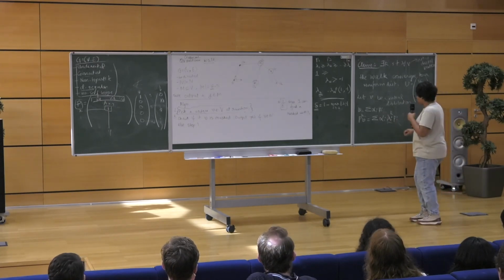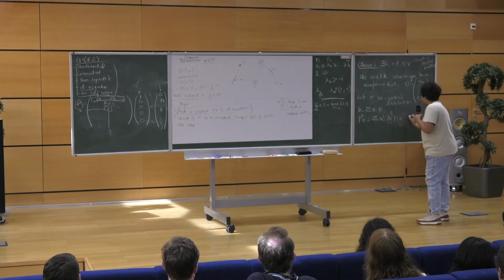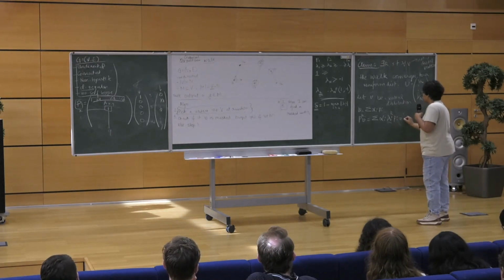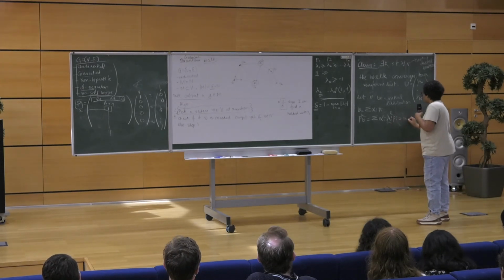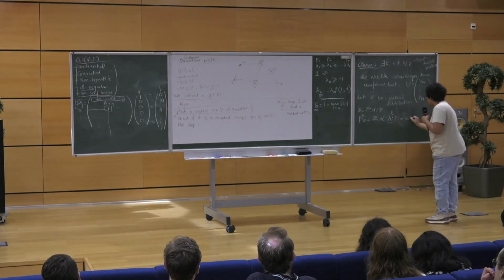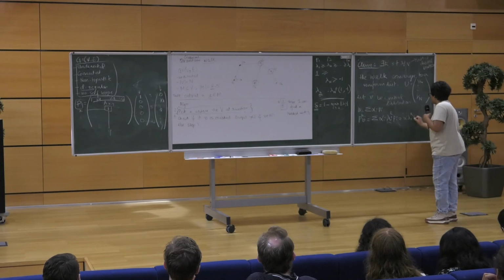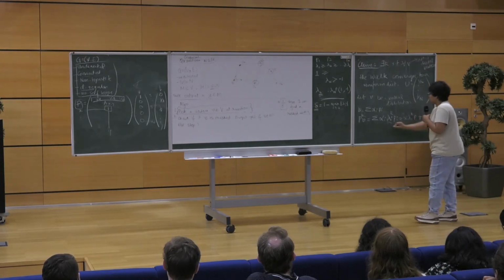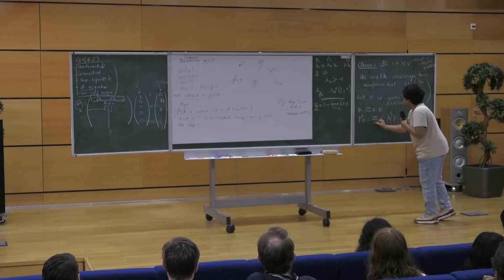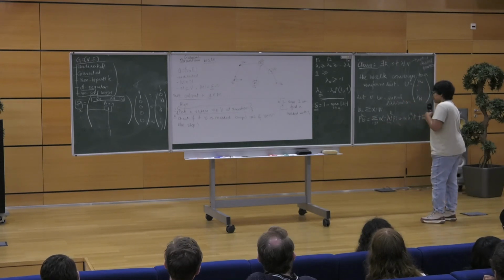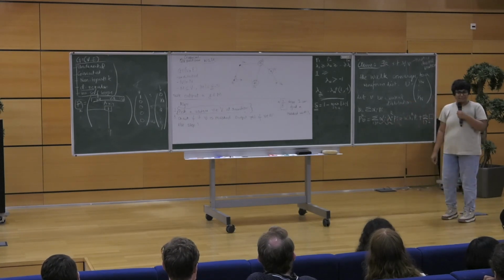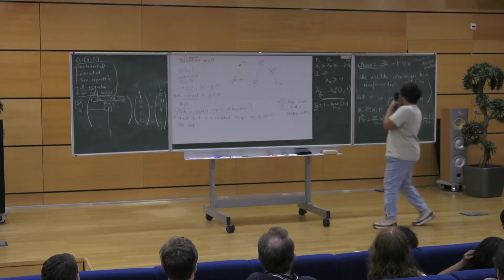Now if I open this up, I can decompose this into two parts. This is equal to alpha 1 lambda 1 to the power k pi 1, plus the same quantity for i greater than or equal to 2.